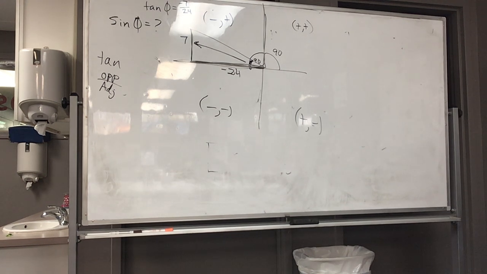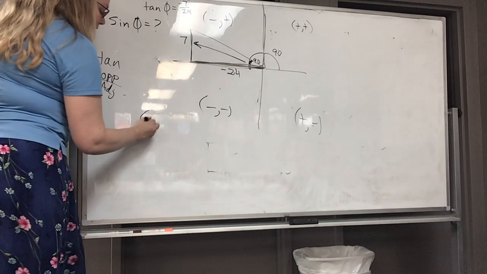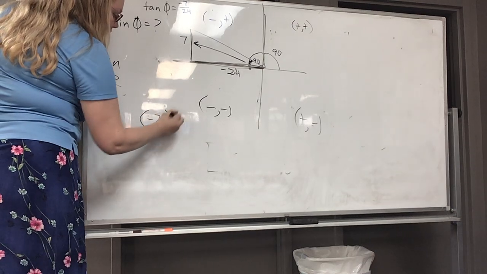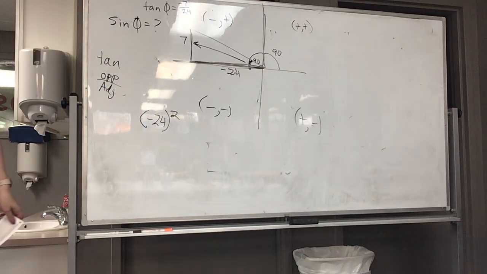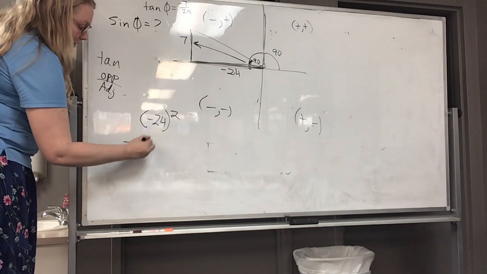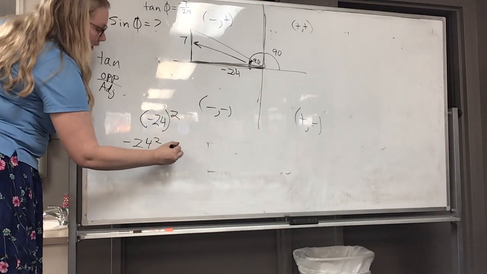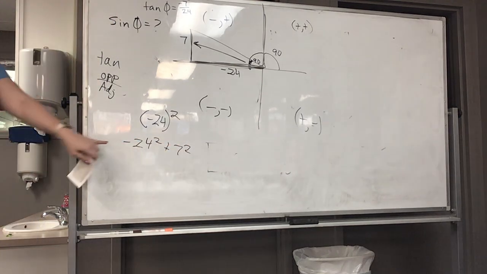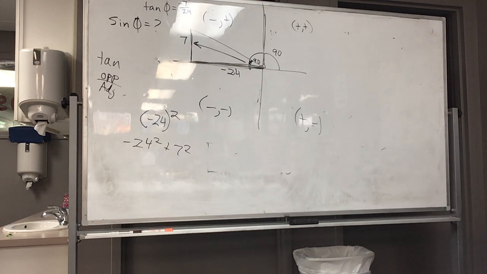To know that it's going to be a positive number, it's going to be a distance, and just type in 24 squared, or to be very parenthesis happy, and in your calculator type -24 squared. Because one of the most common mistakes with the calculator is to write -24 squared plus 7 squared.